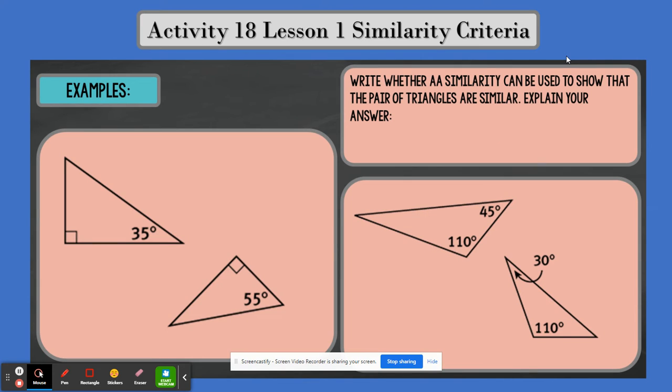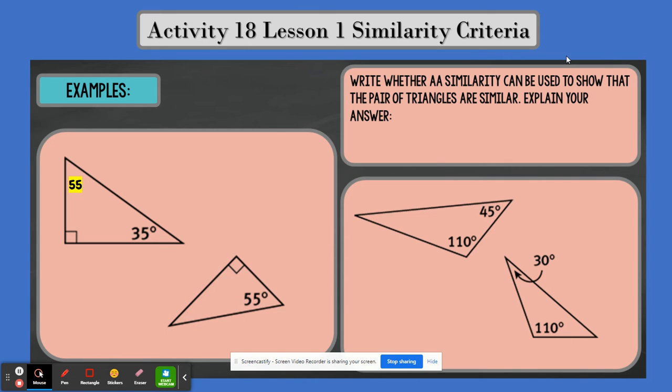So let's look at a couple examples. Write whether AA similarity can be used to show that the pair of triangles are similar. So I currently have a 90-degree angle and 35, a 90-degree angle and 55. With the information I currently have, I don't have enough to prove angle-angle similarity. However, if this is 35 and this is 90, then what's this angle? 55.